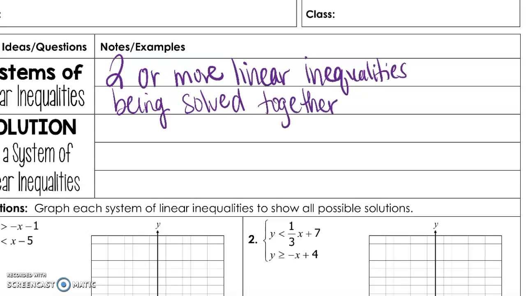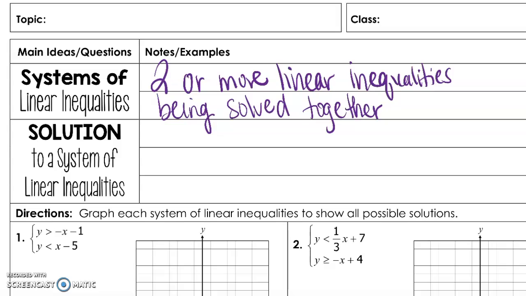When we had equations, we had an ordered pair as our solution, just one spot where they intersected when we graphed them, or we could have used our other two methods to solve them, but our answers were always ordered pairs. What we're going to look at now is the overlap of the shaded regions.